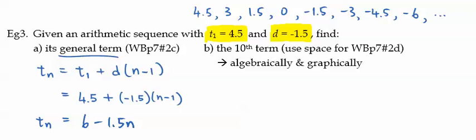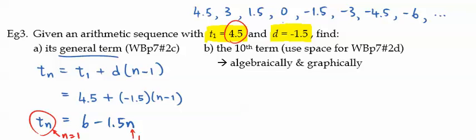If you want to find term number 1, that means when n equals 1, when you are dealing with one term only, then 6 minus 1.5 times n would give us 4.5. That's your first term.